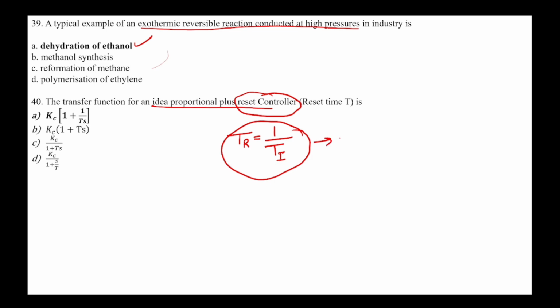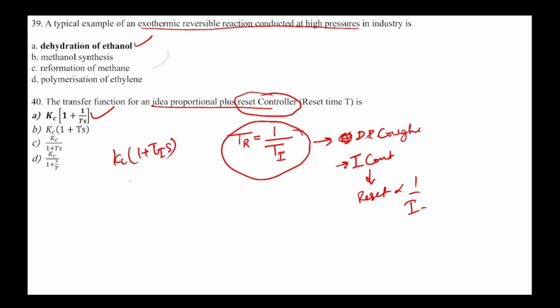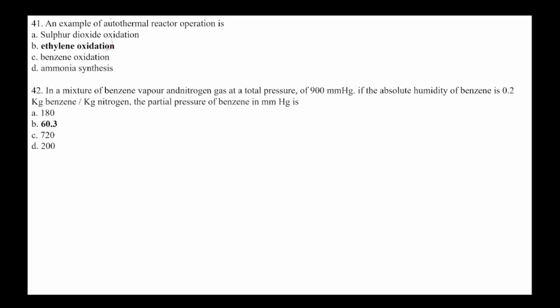There is a line in Coughanowr, Donald R. Coughanowr: after you read about the integral controller in that book, there is a line that reset is the reciprocal of integral time. So this will be the answer: Kc times 1 plus 1 upon Ts.